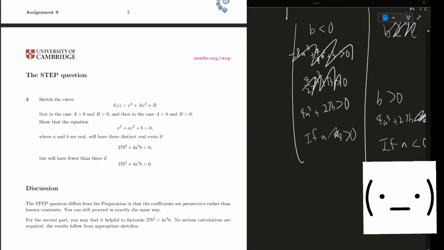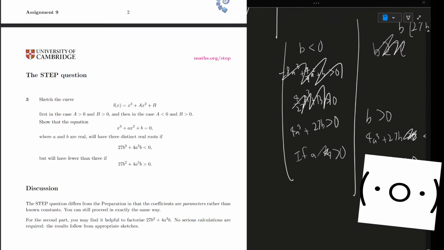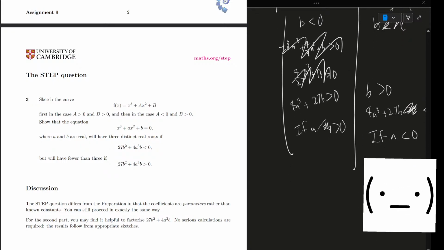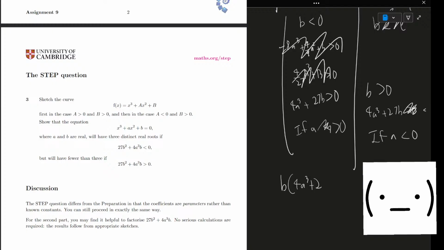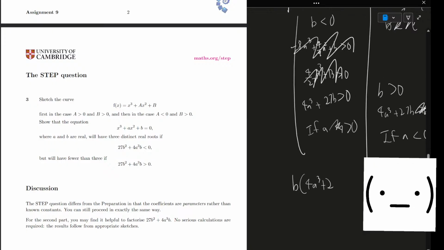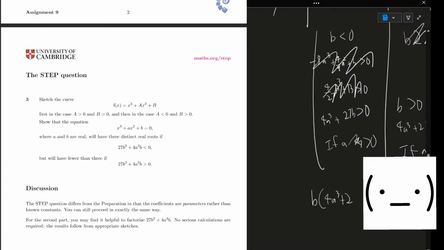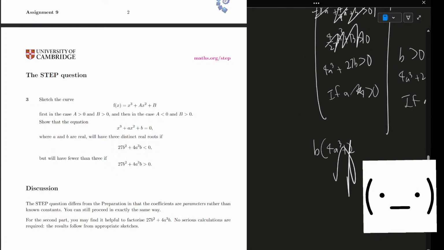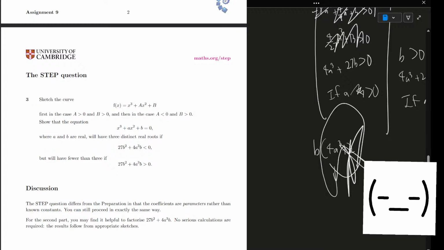Wait, I get it. Because B we know is negative. If you multiply it, come on, we stop lagging.